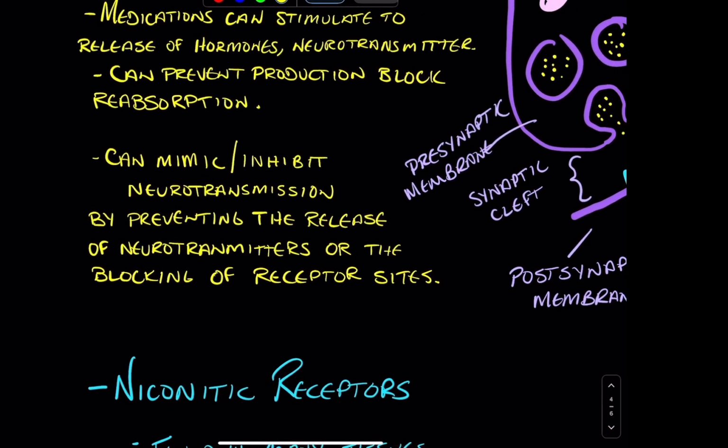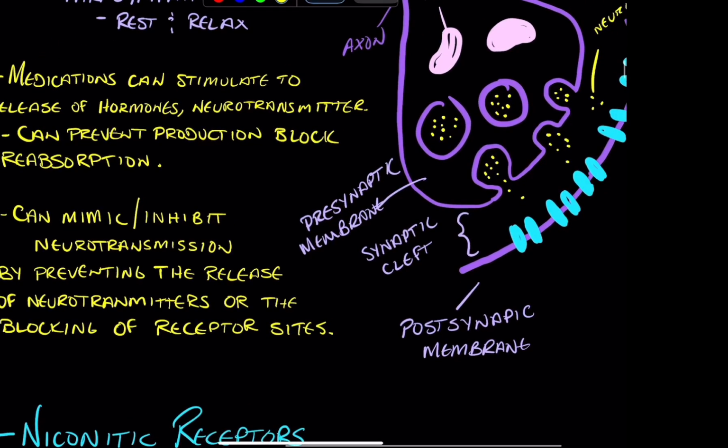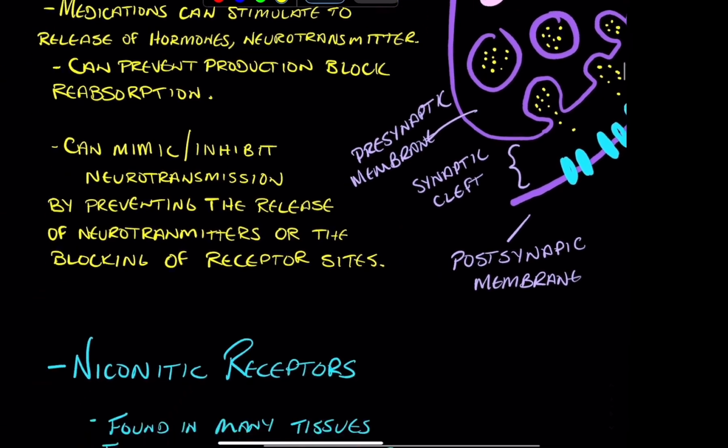So when we look at certain medications, they can mimic these neurotransmitters, and they can also inhibit them, which I'll talk about in a couple of slides. This can be done either by preventing these vacuoles from releasing their neurotransmitters, or by capping and blocking these receptor sites.